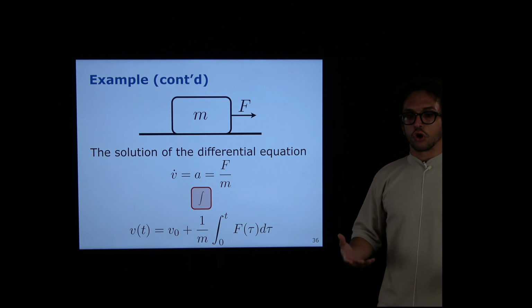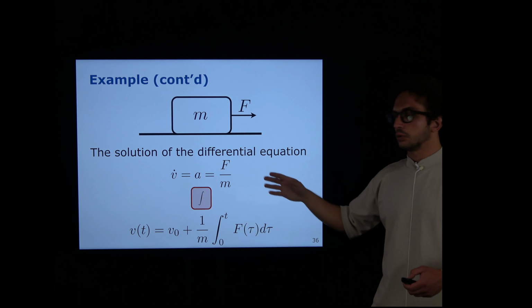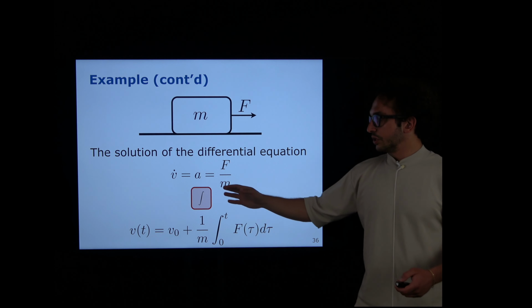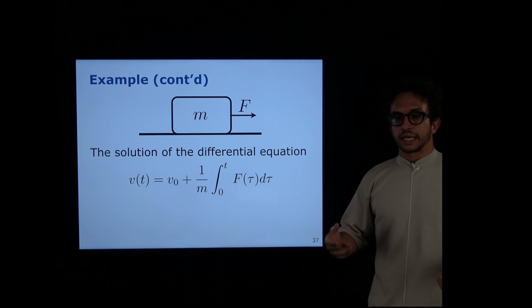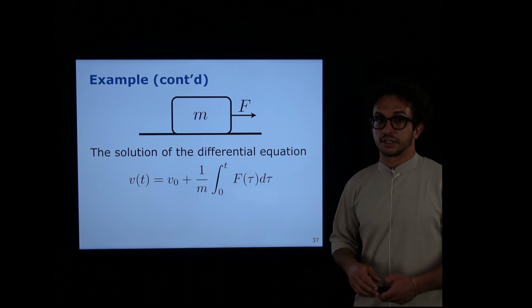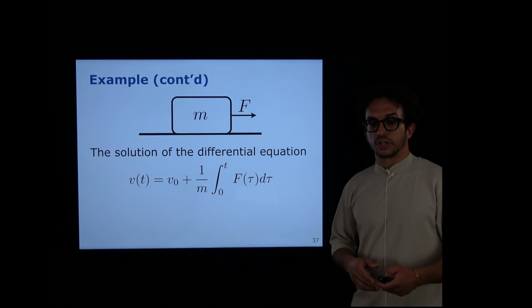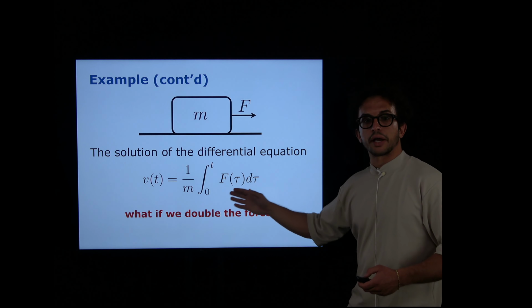We can solve the differential equation that we started with. So we just integrate, we get the solution, and with this solution we can also infer some interesting properties of these systems, of this dynamical system. For example, what if we double the force? So we have a certain force applied here.